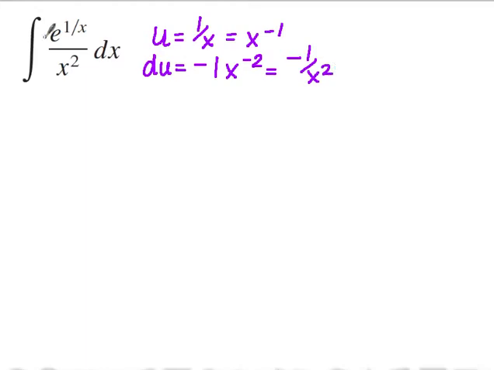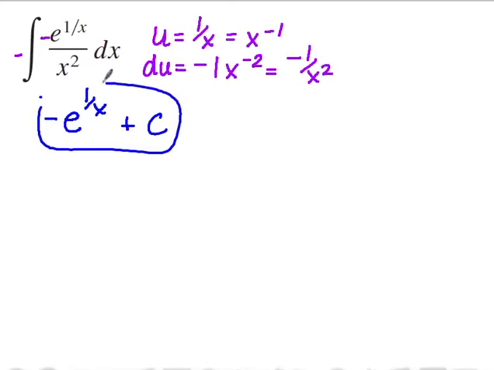A negative sign. So I'm going to put negative in and a negative out. So what will my final answer look like? Perfect. Good job. So that one actually looked a little more difficult, but it turned out to be fairly easy when we went through it.